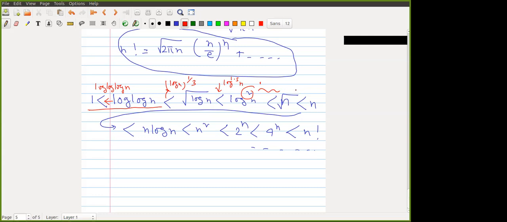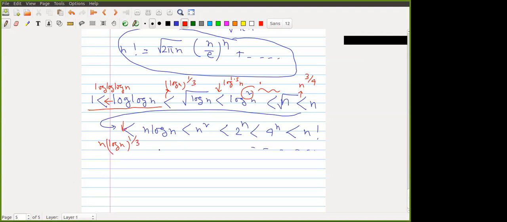Somewhere here I can give you log star n. And similarly, in between square root n and n, I can give you n to the power 3 by 4. Again, somewhere here I can give you n log n to the power, say, 1 by 3.